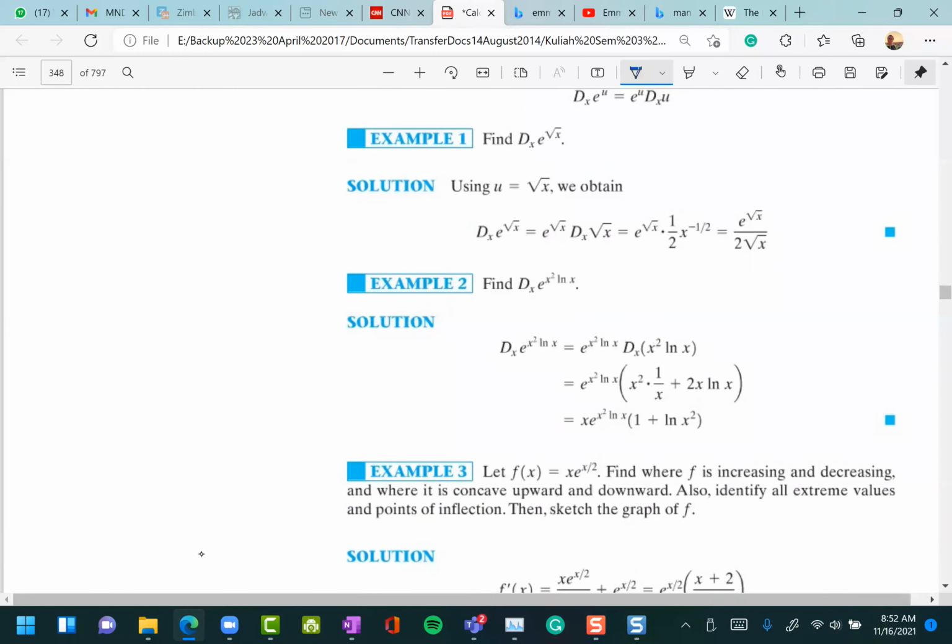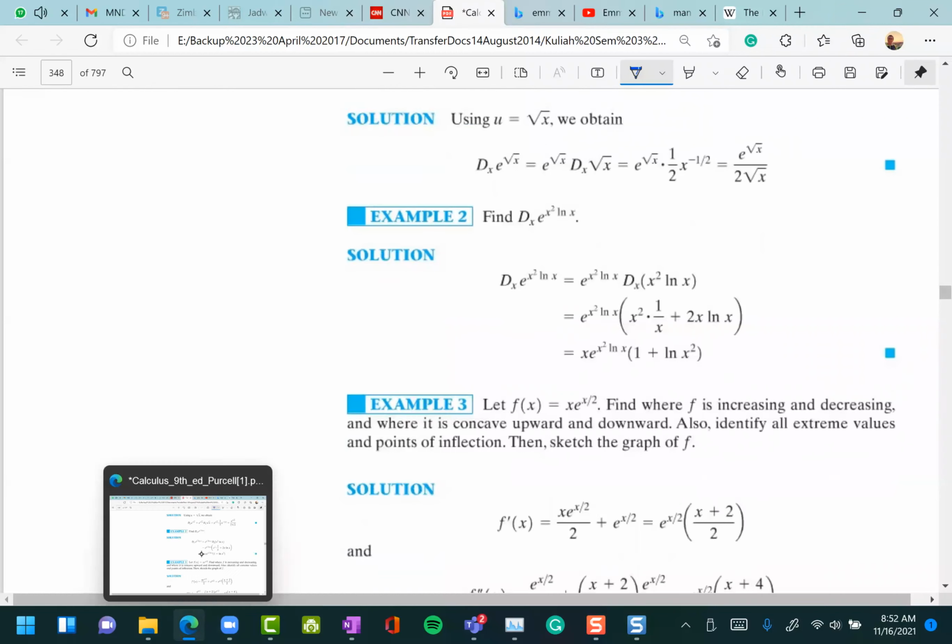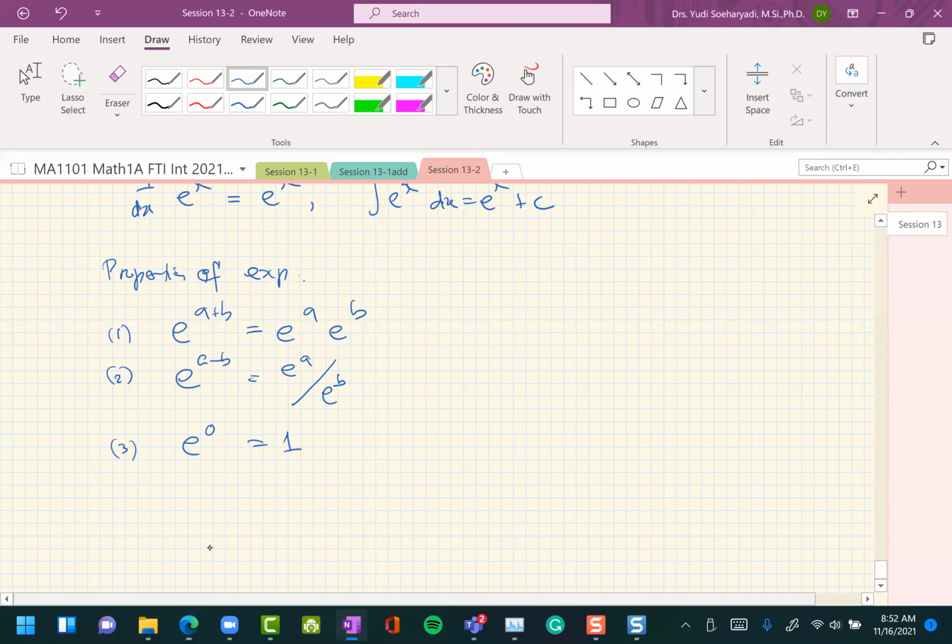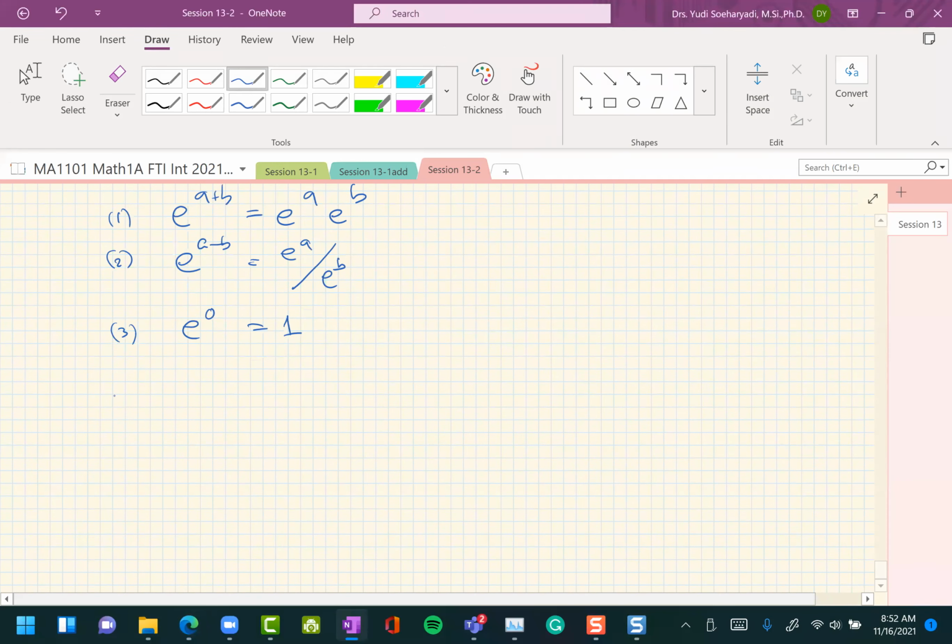Okay, let's find the derivative of e to the x squared ln of x, for example.